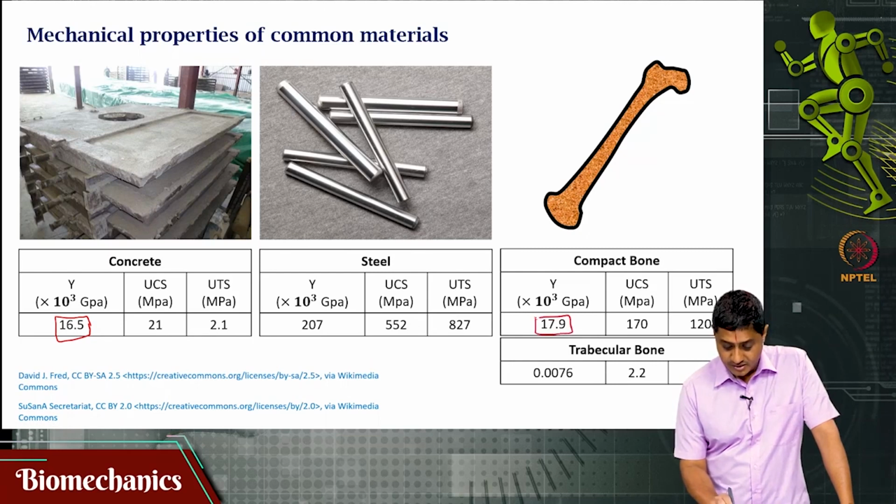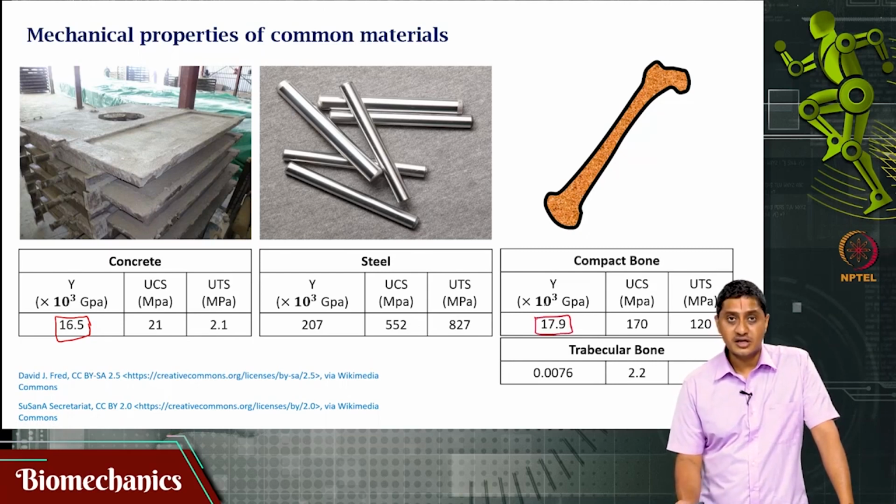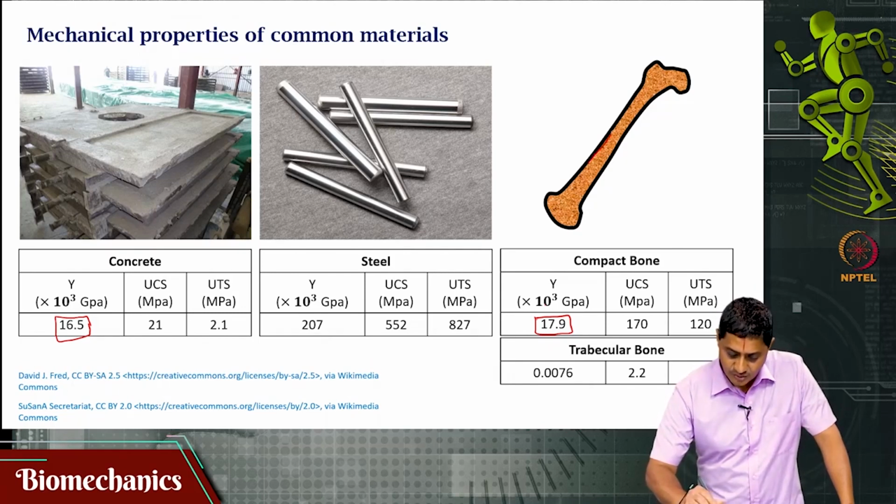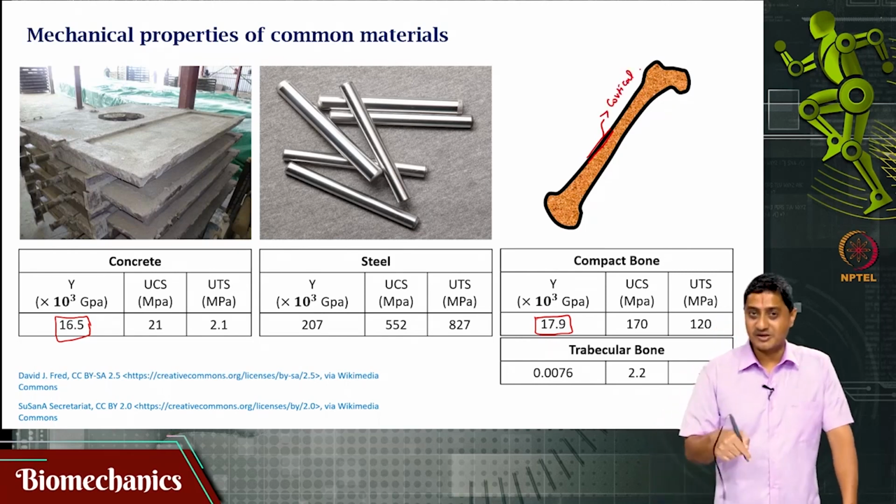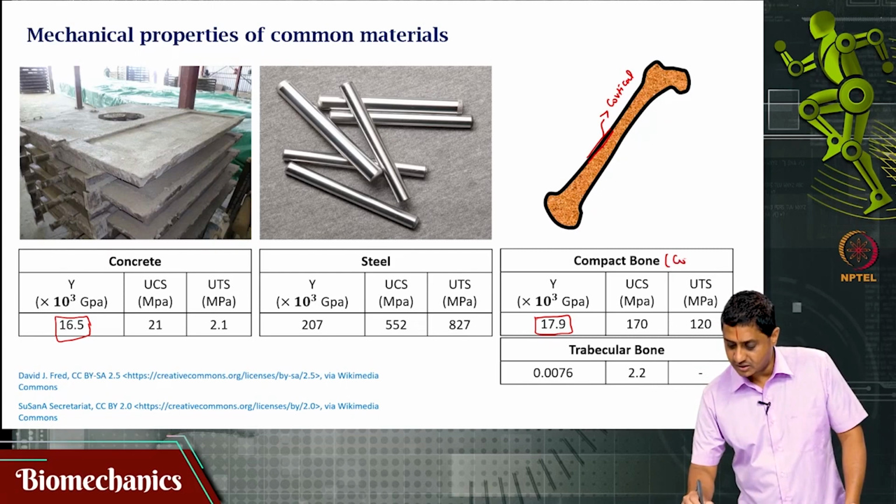Compact bone has a higher elastic modulus, about 18. Compact bone means not the entire bone. This part of the bone is called the compact bone or the cortical bone. That property is what we are studying. Compact bone means cortical bone.